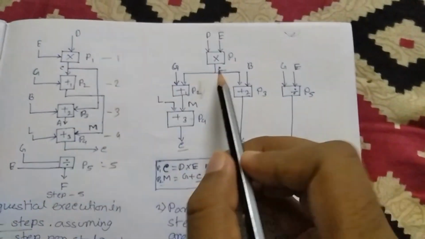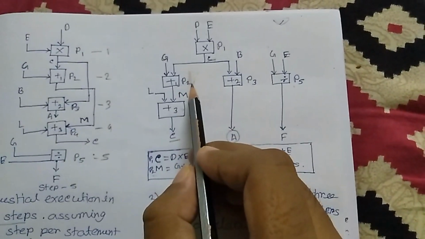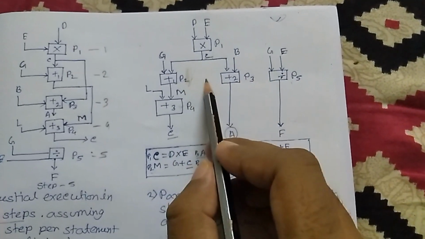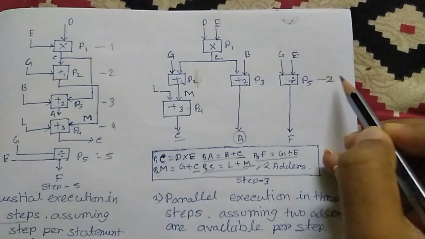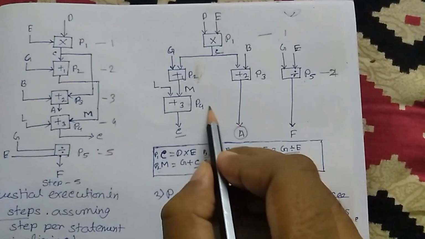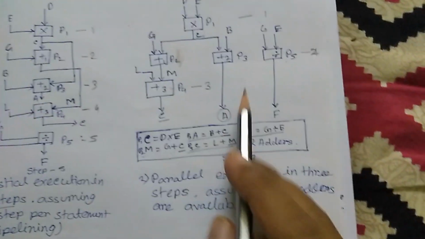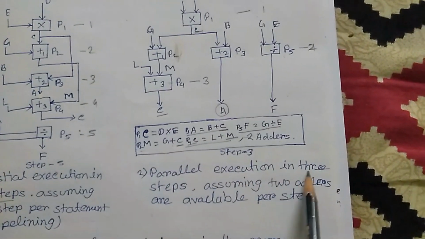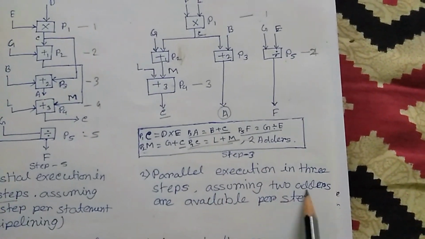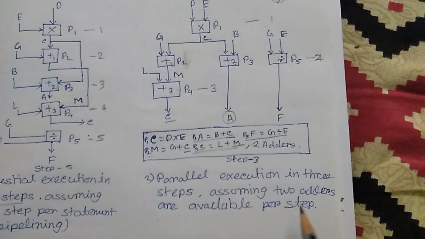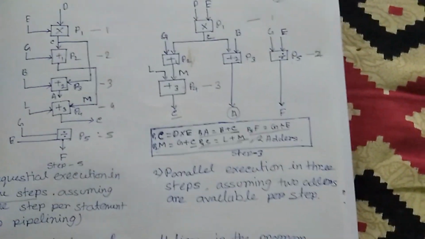But in the parallel way we can see that 3 operations can happen in one step. So this is the first step, this is the second step and this is the third step. So in parallel execution it takes 3 steps, assuming 2 adders are available per step.